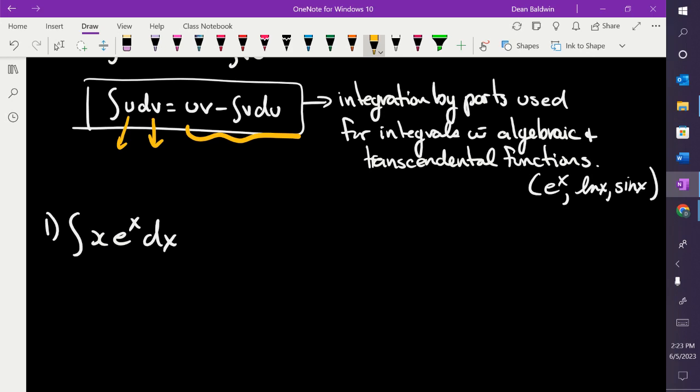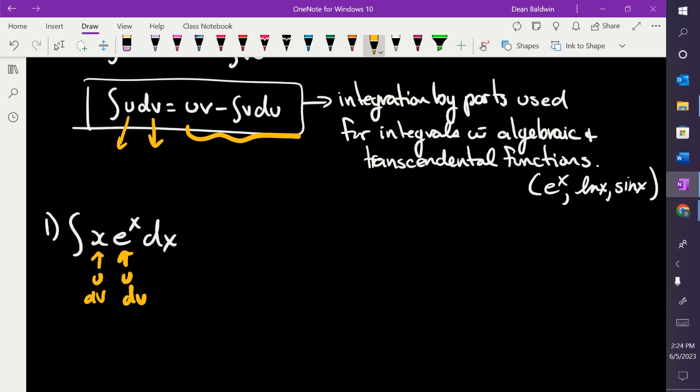Okay? So you have a choice. Do you want this to be u or dv? And then, obviously, do you want this to be u or dv? So of those two choices, x and e to the x, which one is more complicated, but you can still integrate it?